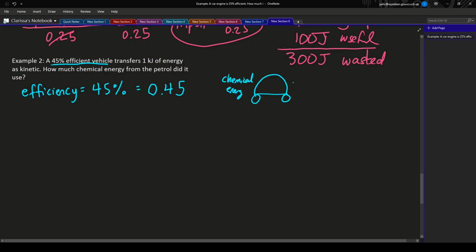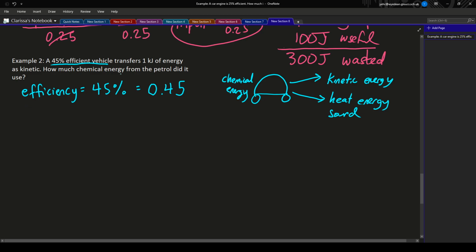And then what's useful about a car is that it's going to transfer it into kinetic energy, which is the energy of movement. That's what we want from a car, right? We want it to move. But there's also going to be a lot of wasted energy in the form of heat, or sound even.